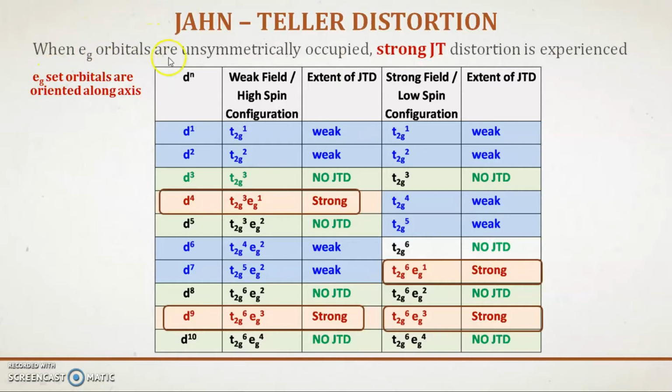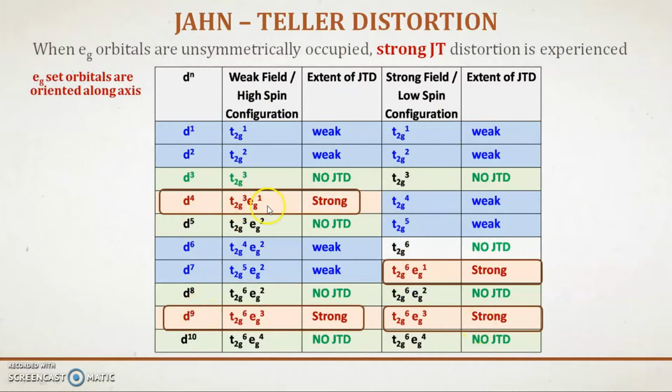When eg is 1 and when eg is 3, then we call it unsymmetrical occupation of eg orbitals. When does this occur? This occurs in high spin d4 configuration, low spin d7 configuration, and in overall d9 configuration.